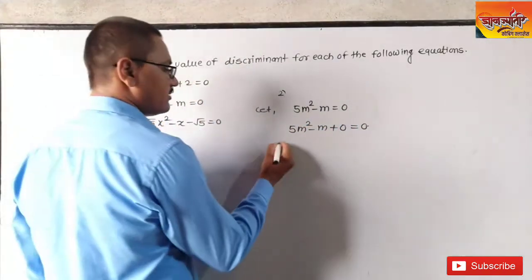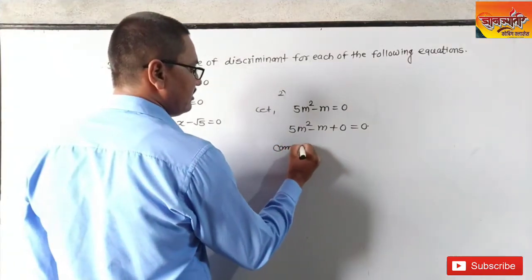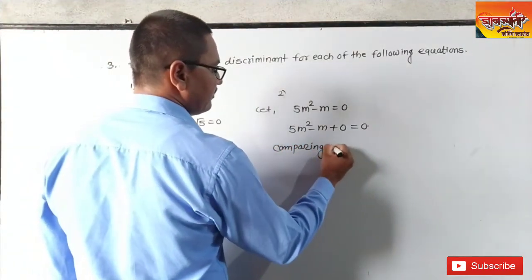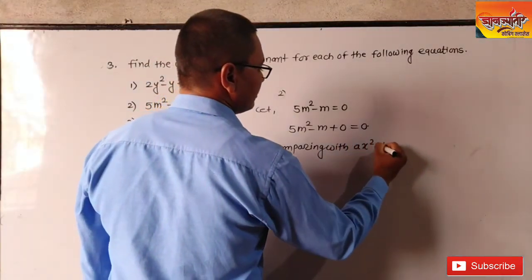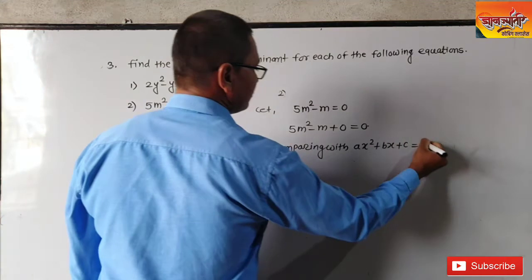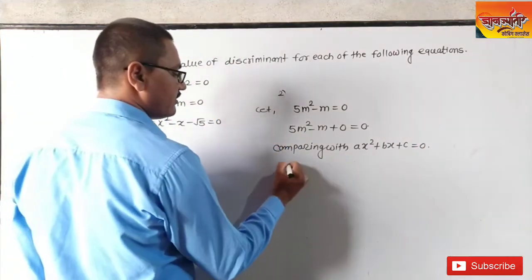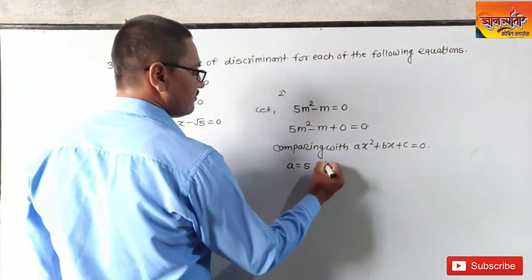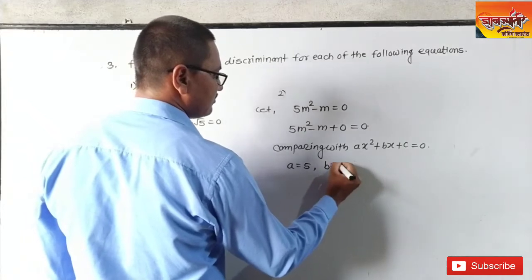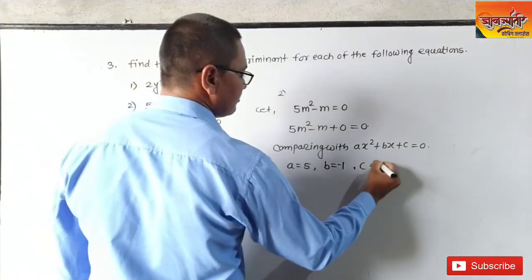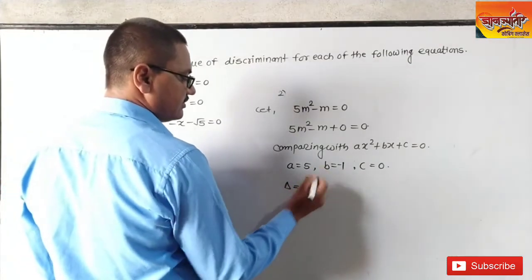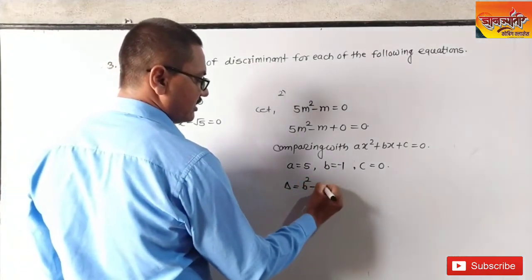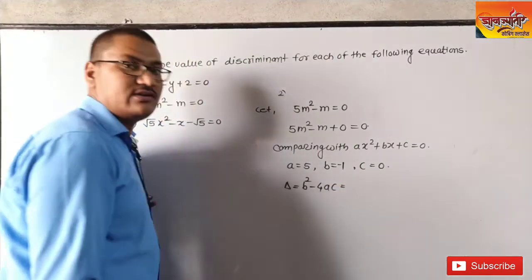Comparing with the standard form ax² + bx + c = 0, the value of a is 5, the value of b is -1 and the value of c is 0. Take the formula, discriminant is equal to b² - 4ac, and substitute the values of a, b, c.